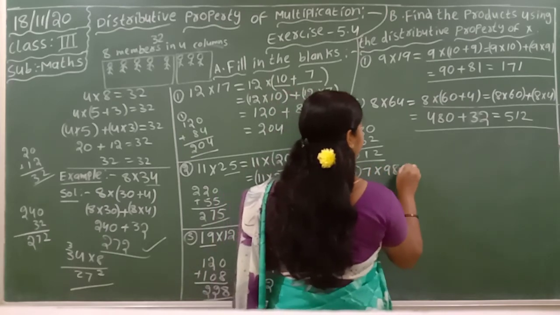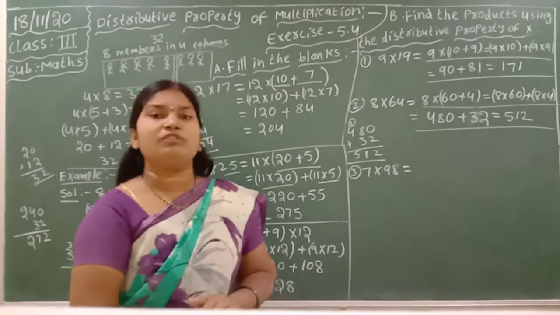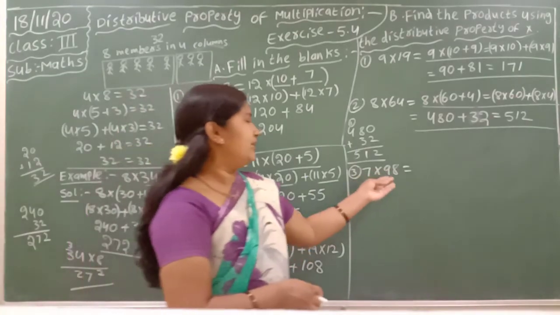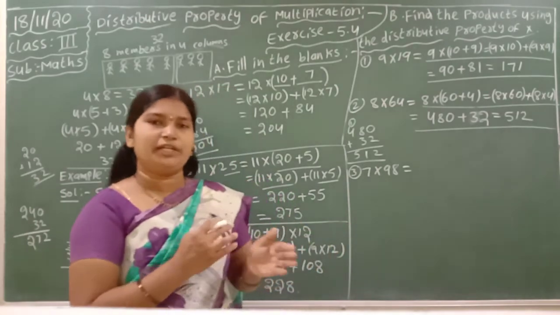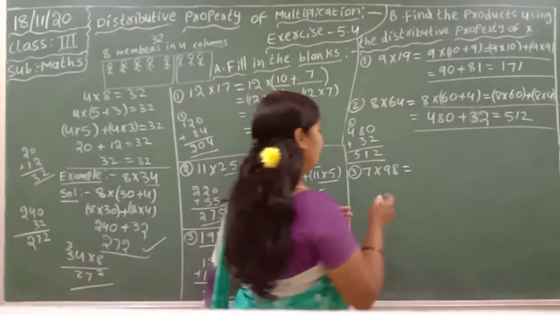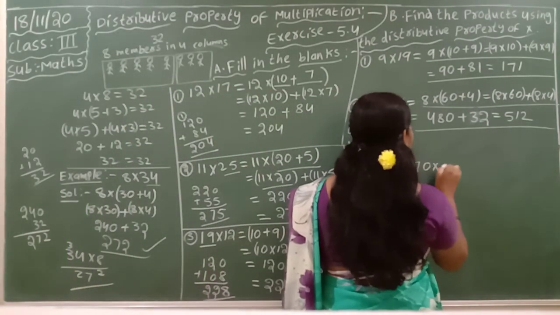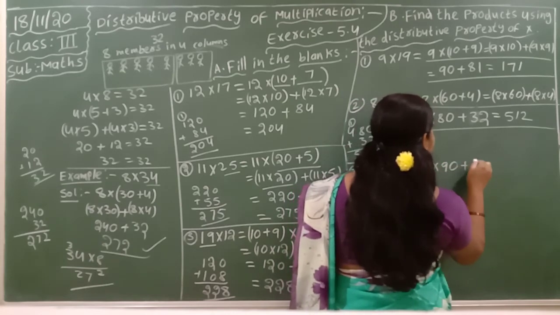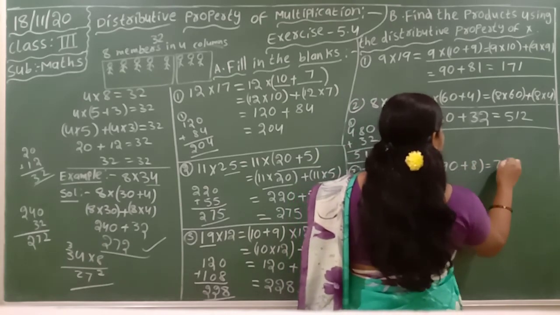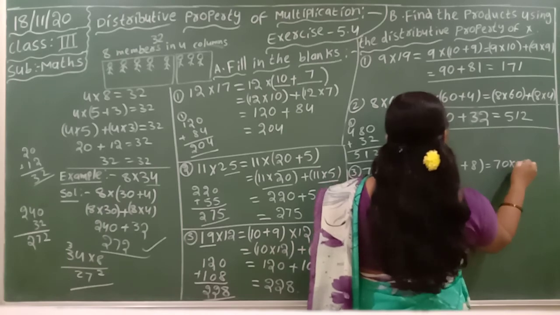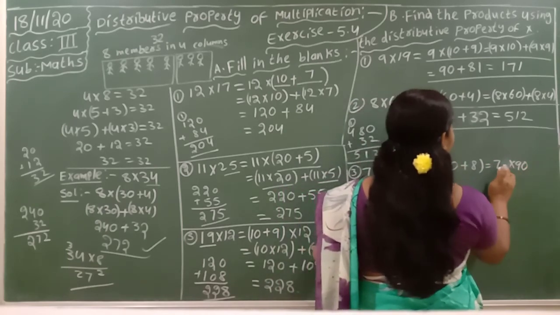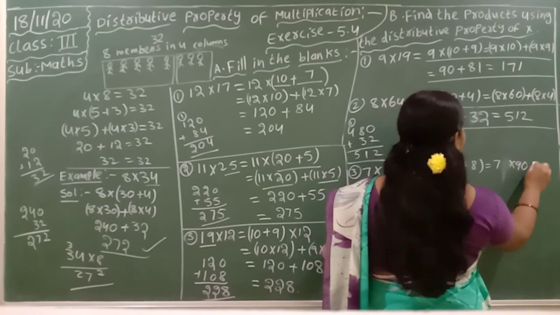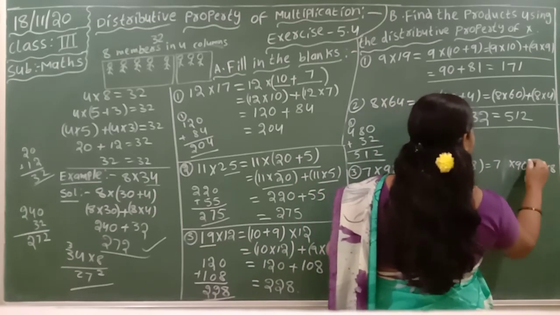Same like this, one more question: 7 into 98. Here also observe which is the big number. 98 is the big number. This 98 we have to separate into two smaller numbers, that is 90 plus 8. 7 into 90 plus 7 into 8.